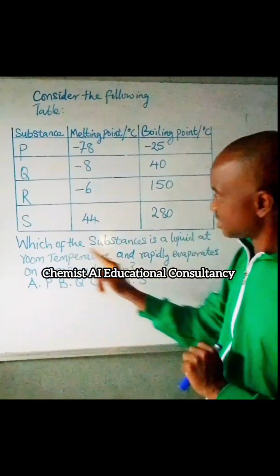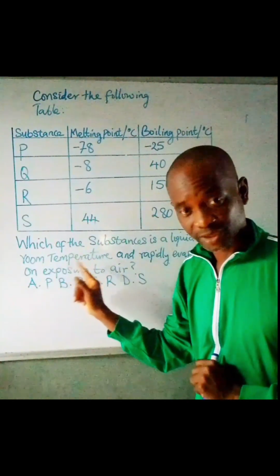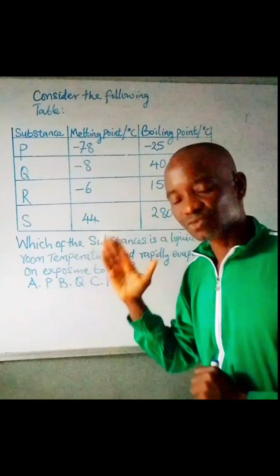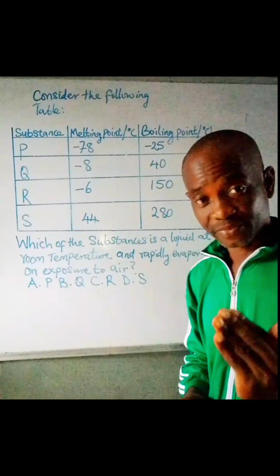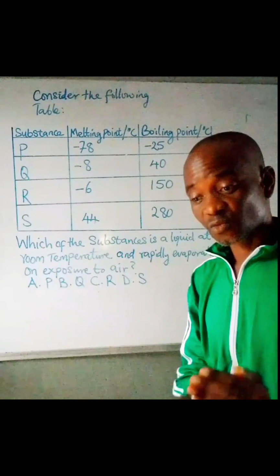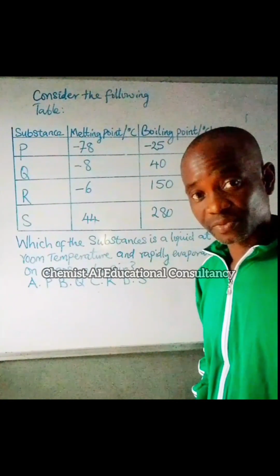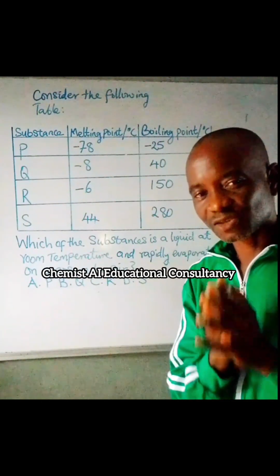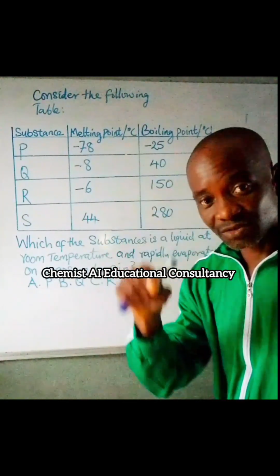Now the question says, which of the substances is a liquid at room temperature and rapidly evaporates on exposure to air? Now, for a substance to be liquid at room temperature, it means that the substance was solid before room temperature, that is below room temperature, which means that the melting point of that substance is below room temperature or exactly room temperature.